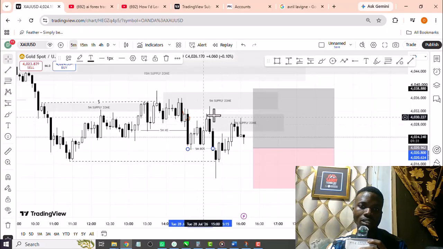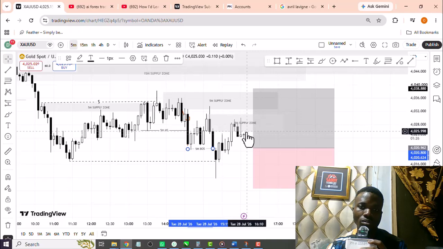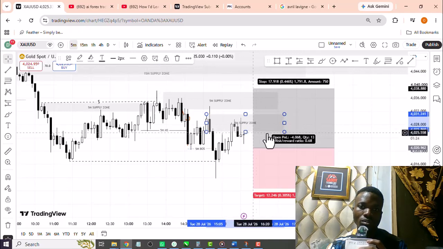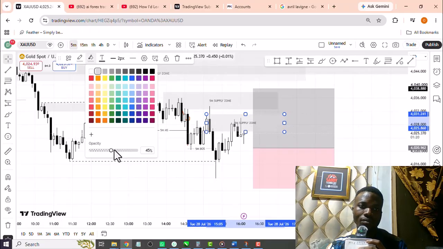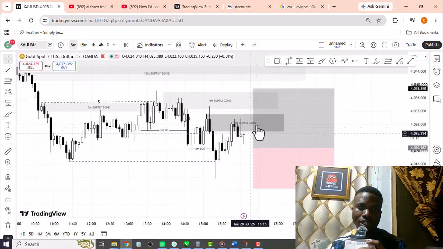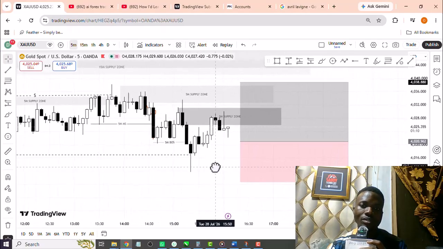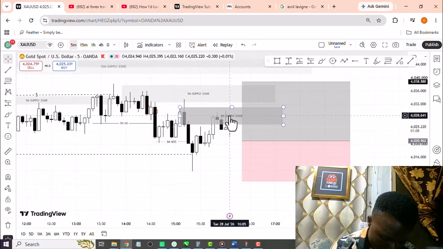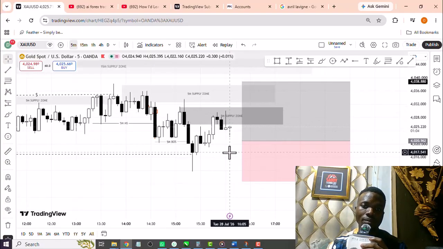Then as you can see, this is the 5-minute supply zone of that structure, isn't it? You can see that currently price has respected that zone, right? Price has respected this 5-minute supply zone, and there's a rejection of candlestick right there.